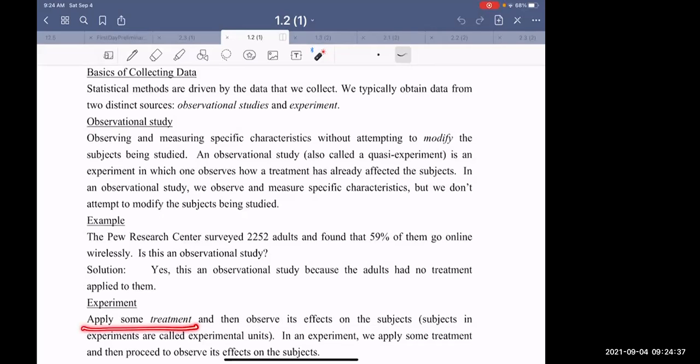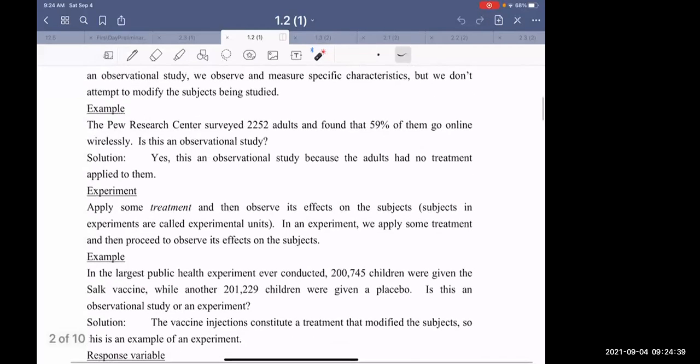So we apply some treatment and then observe the effects on the subjects, the experimental units.